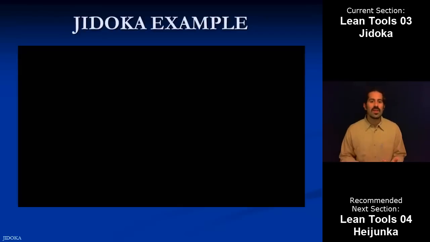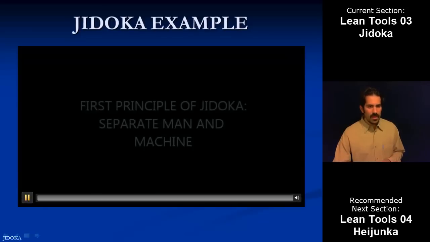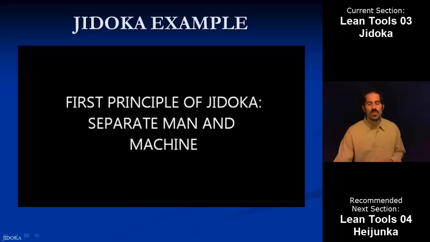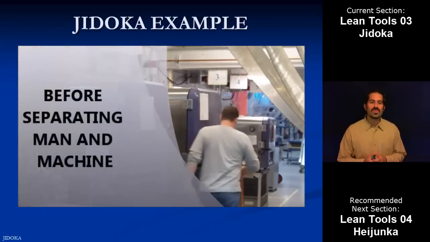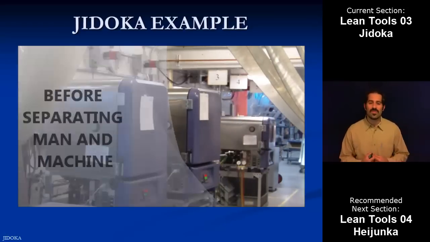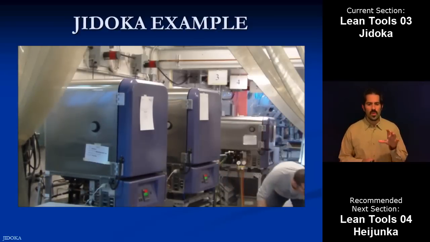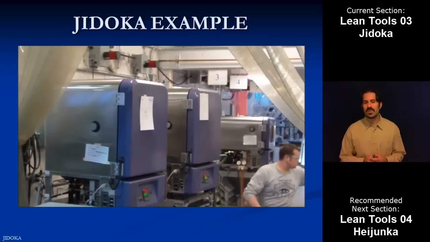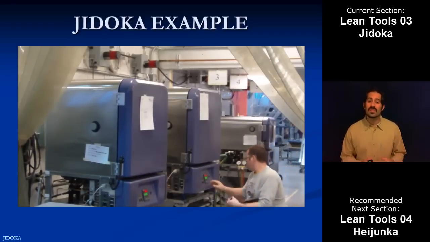And so just kind of to help bring that home, there is a quick little example video that I like to show, and this is based off some work that was actually done. So talking about the first principle of Jidoka, this idea of separating man's work from machine's work. What we'll see in this video, in this particular instance, is for quality control validation of these units, the team member there actually had to sit and do some time studies on these units.